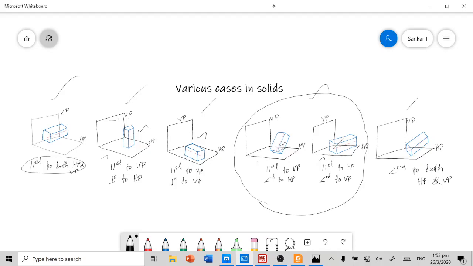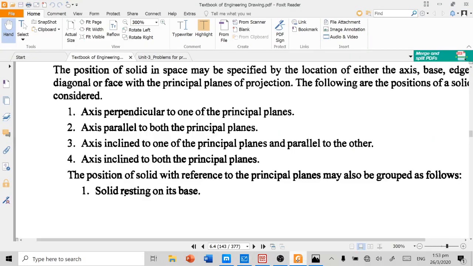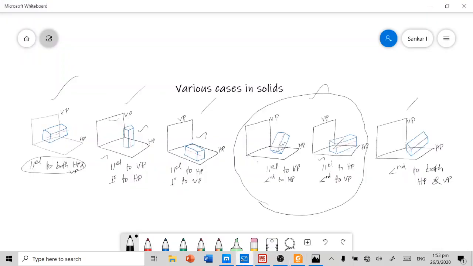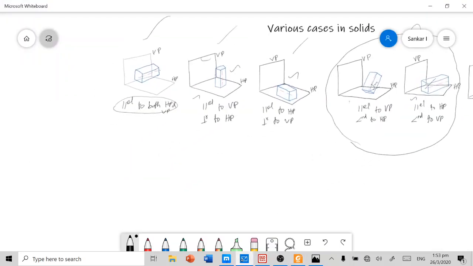One by one we can see, and this is what is mentioned in the list here. And now, how to get the front view and top view if a solid is placed against the horizontal plane and vertical plane. Already we have a basic introduction on projection of points and projection of straight lines.